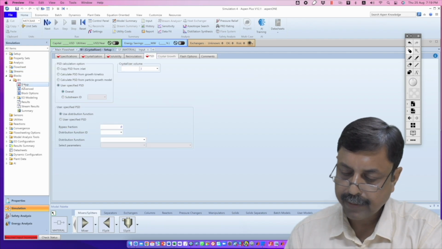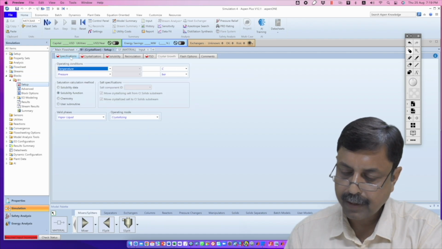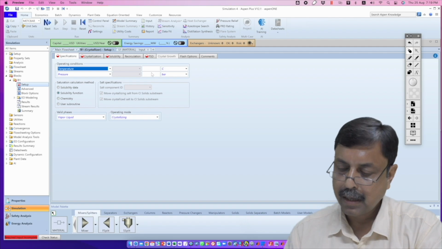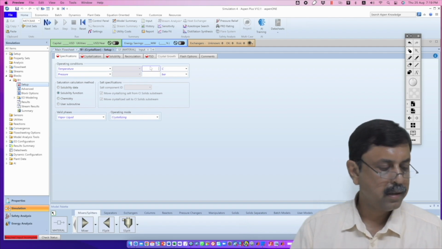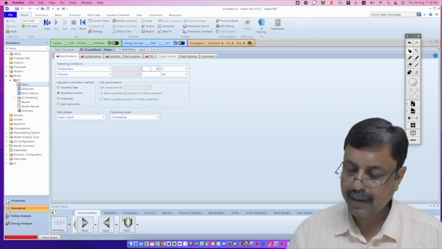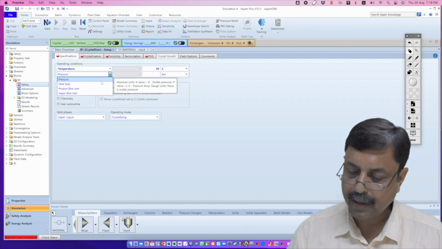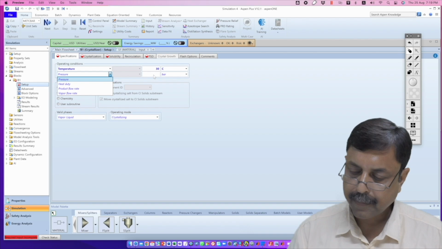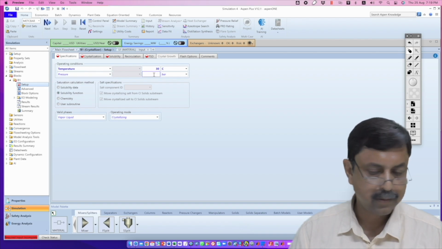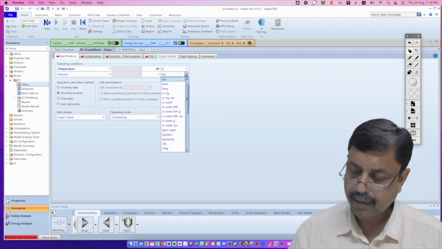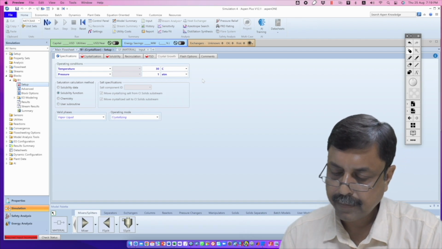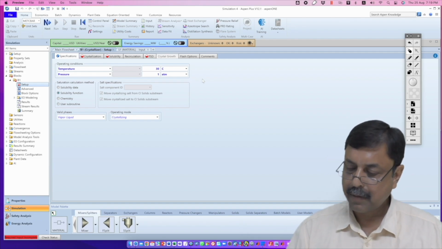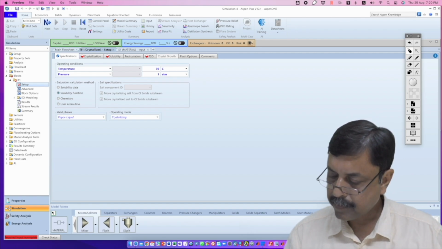Now go to the setup. So many things have to be done. Temperature, operating condition: let us run it at 30 degrees centigrade and pressure 1 atmosphere. Okay, the information is different.